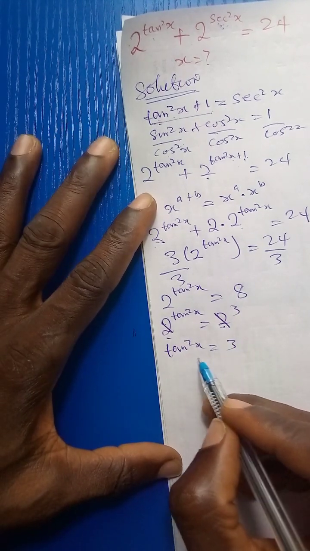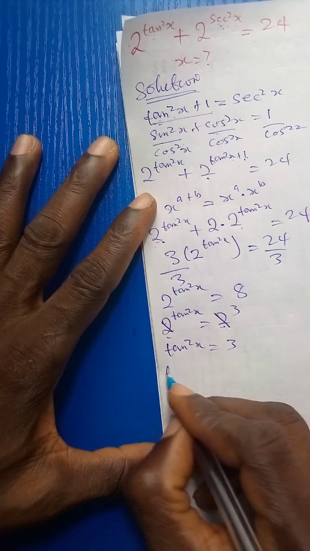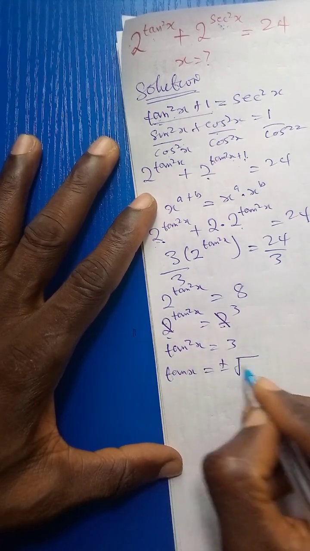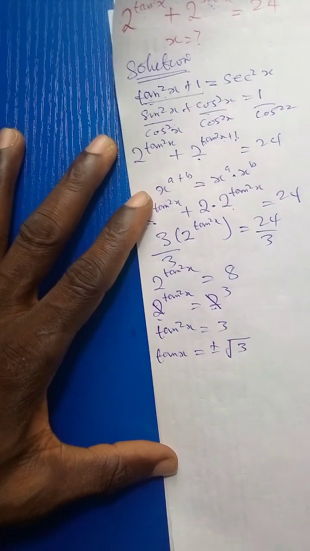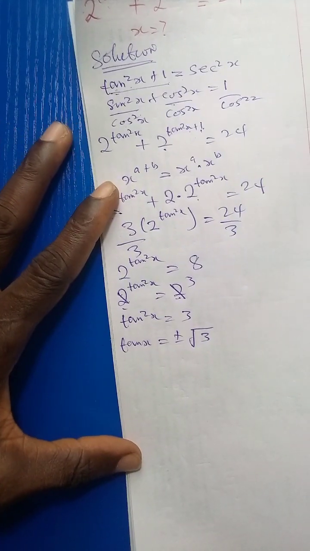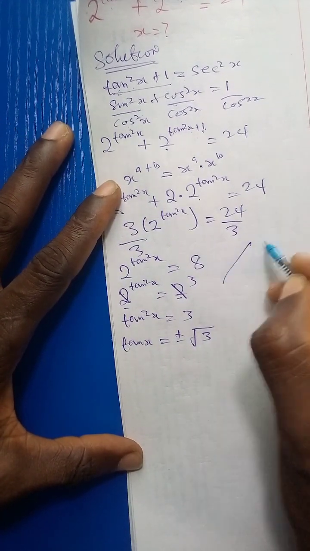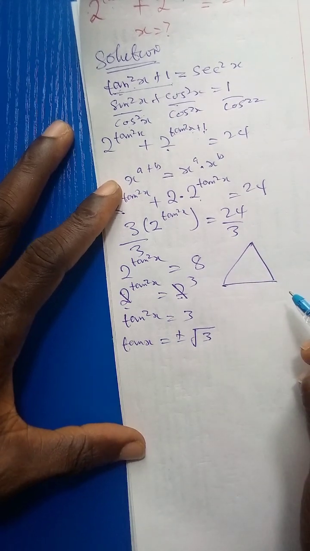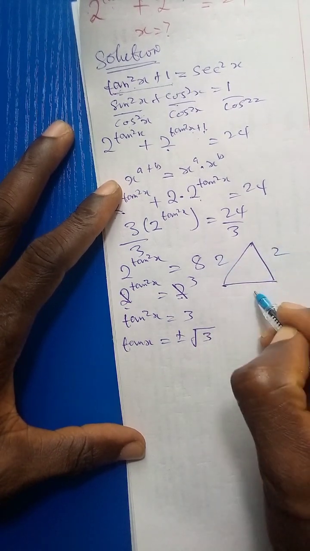Now, I can square root both sides. That becomes tan x is equal to plus or minus the square root of 3. Now, what is the value of the square root of 3? I am going to show the value of the square root of 3 here. This is an equilateral triangle of sides 2 units each.